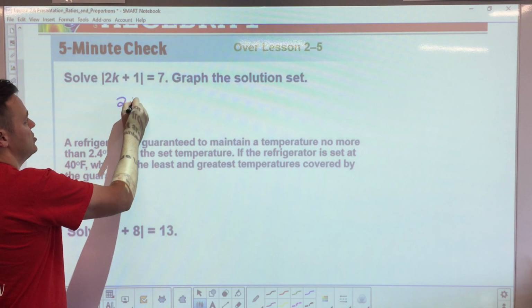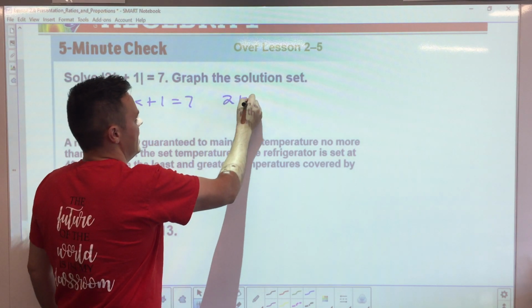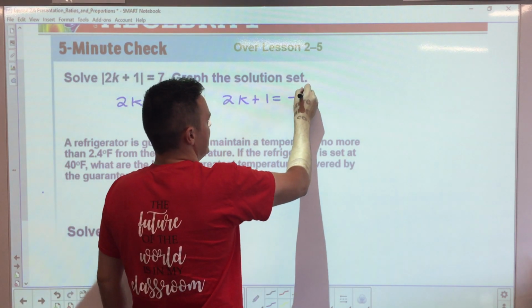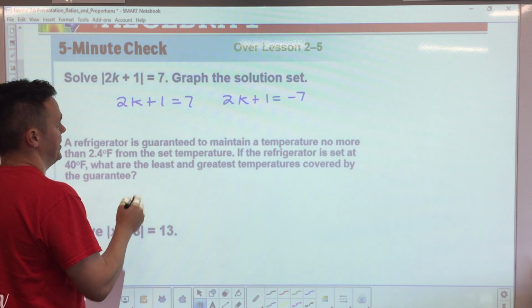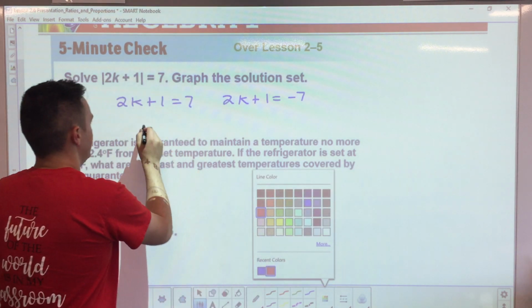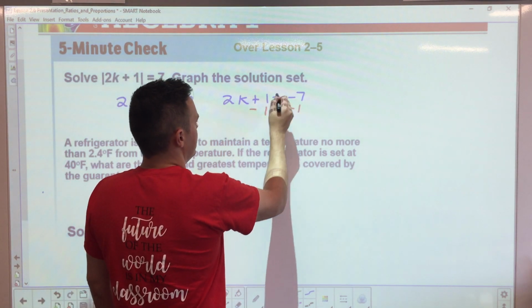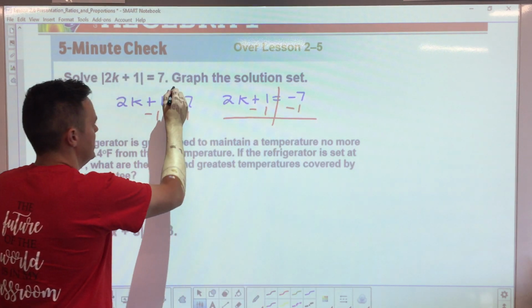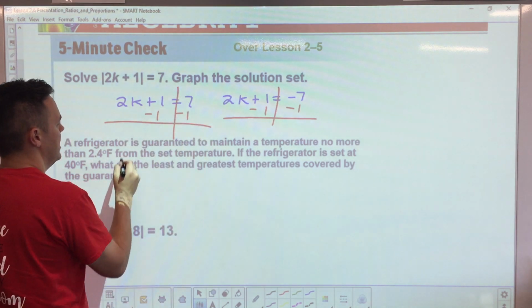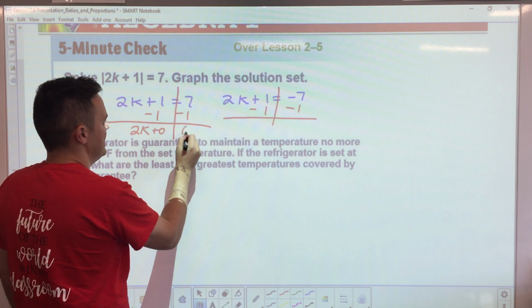Two things you do is 2k plus 1 equals 7, and then 2k plus 1 equals negative 7, right? And then you're solving. So next step would be to solve this up. Subtract 1, just go across the board, split it, and solve it. So you have 2k plus 0, and then that would be 6.